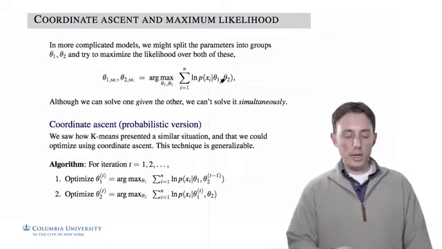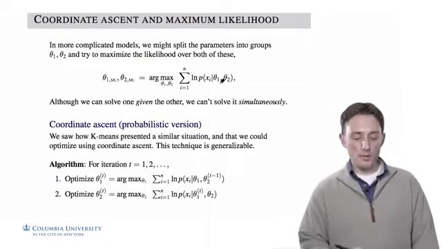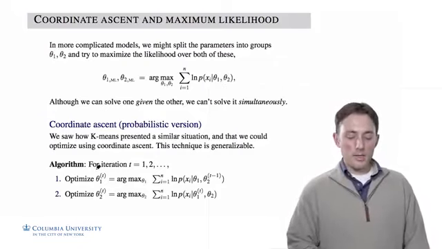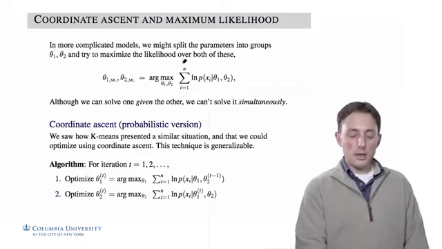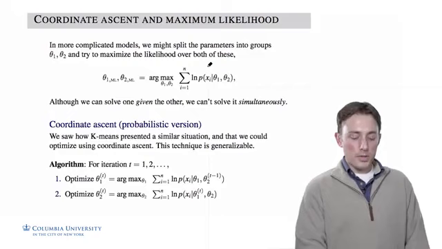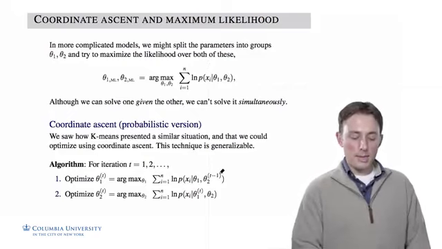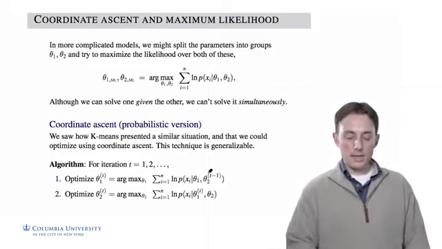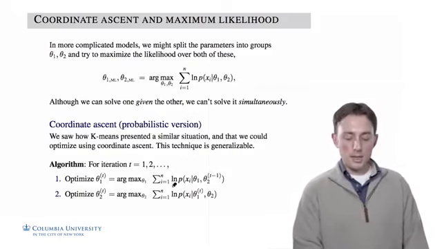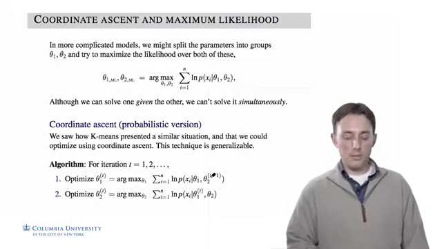So this would lead to a probabilistic version of coordinate ascent. If we're trying to maximize an objective function that looks like this, the log of the likelihood, for a particular iteration t, we might take the value of theta 2 and fix it at its value at iteration t minus 1, and then maximize this thing over theta 1 only, holding theta 2 fixed to its previous value. And that might be something we can do very easily in closed form, for example, with an equation.